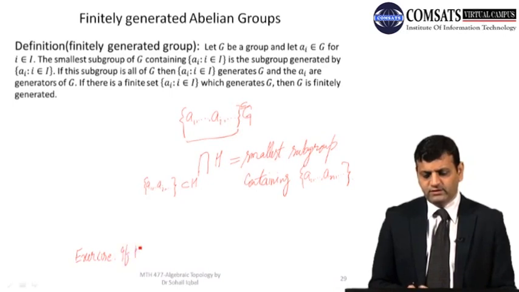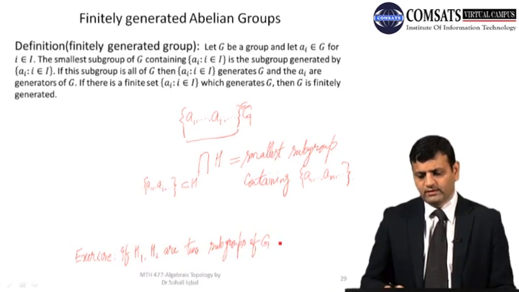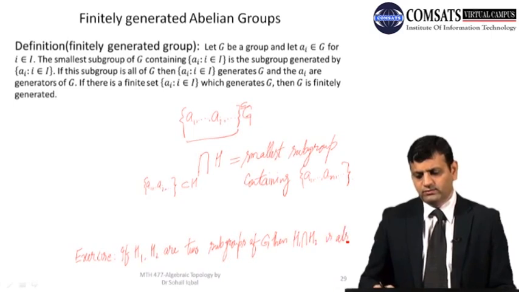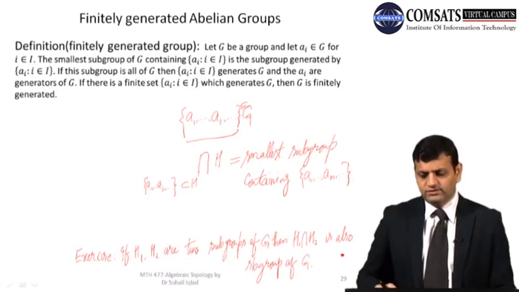If H1 and H2 are two subgroups of G, then H1 intersection H2 is also a subgroup of G. So this is true.